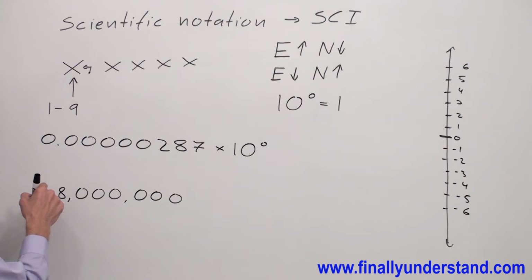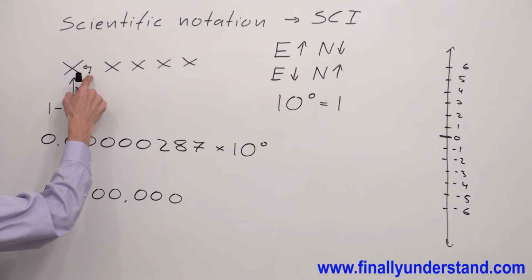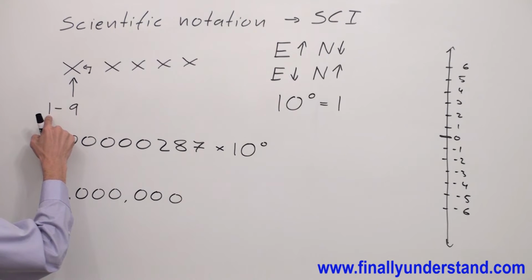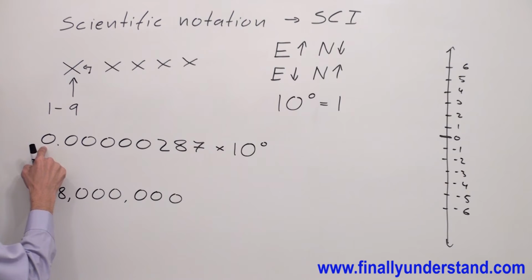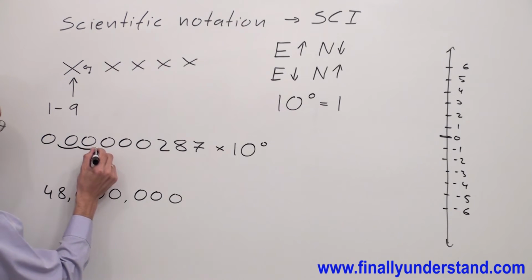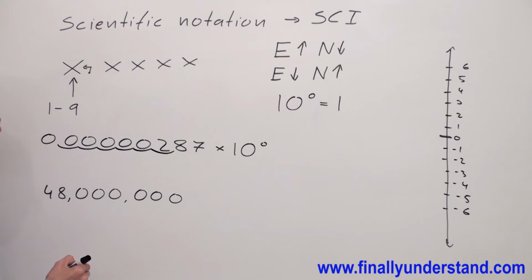Now, we said that anytime we want to express the number in scientific notation, on the left side of the decimal point, I'm supposed to see a number from 1 to 9. Right now I have 0. So what I'm going to do, I'm going to move my decimal point 1, 2, 3, 4, 5, 6 times.